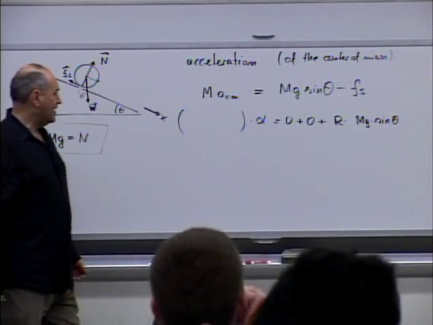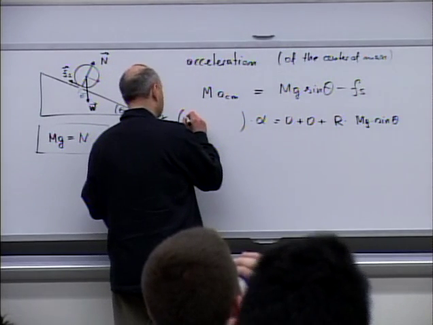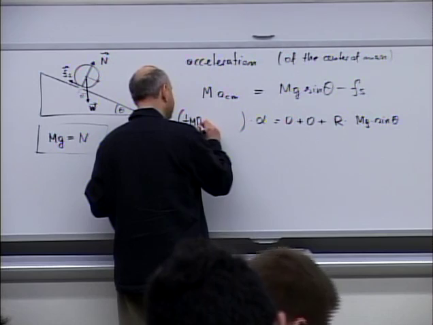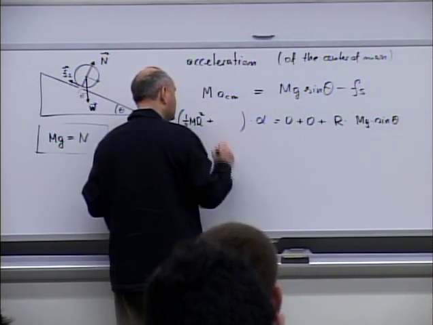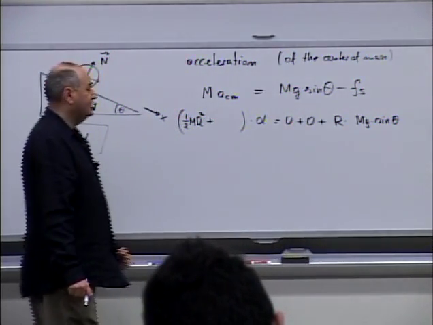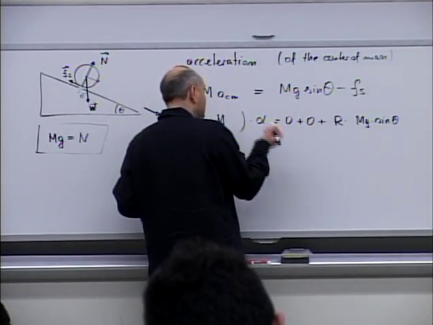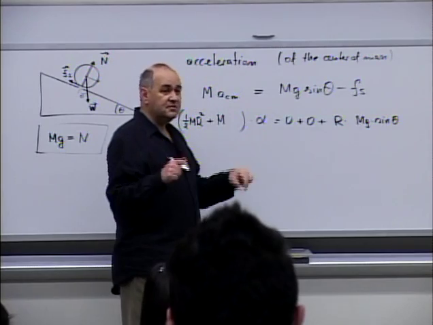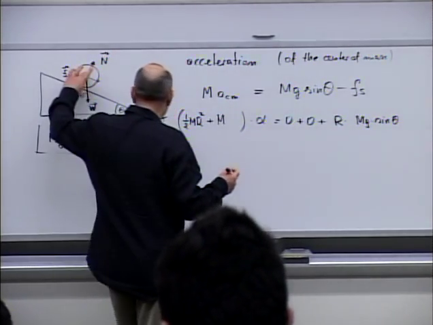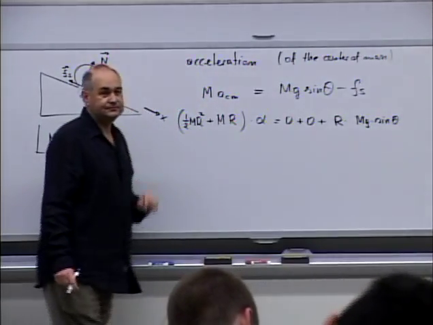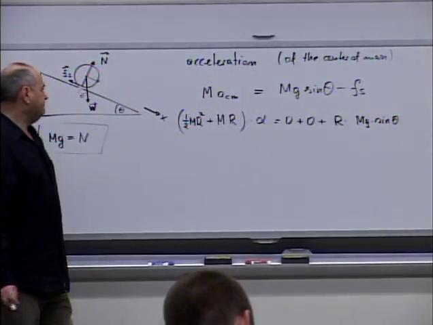I will have to use the parallel axis theorem. So it's the moment of inertia about the axis passing through the center of mass plus the mass of the object multiplied by the square of the distance between the axes. And the axes are separated by distance r.